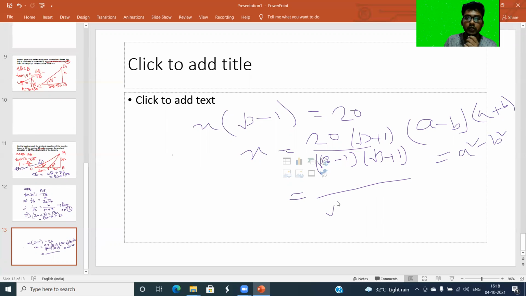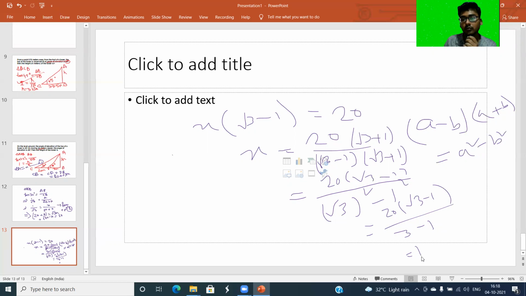So √3 square minus 1 square is 3 minus 1, which is 2. So 20 divided by 2 means 10, and x equals 10(√3 plus 1).